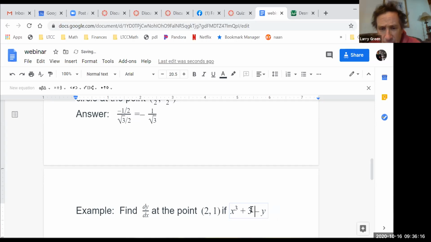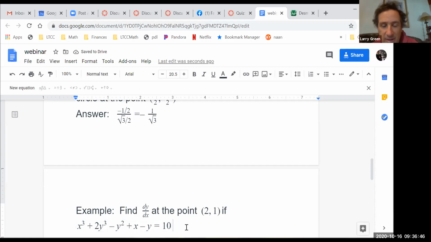Let's make that a 2y cubed actually, just to highlight something. Minus y squared plus x minus y equals, and I better work this out, 10. Just had to make sure it worked.